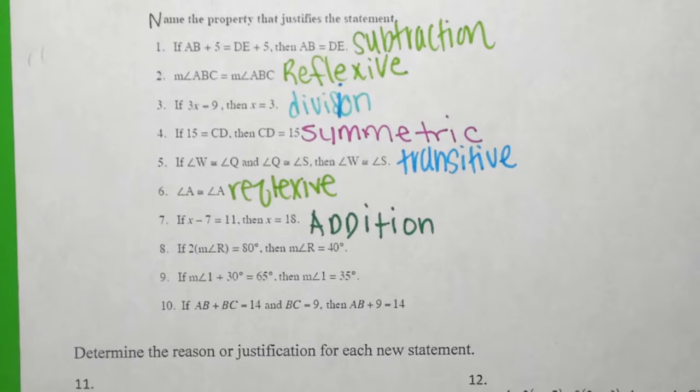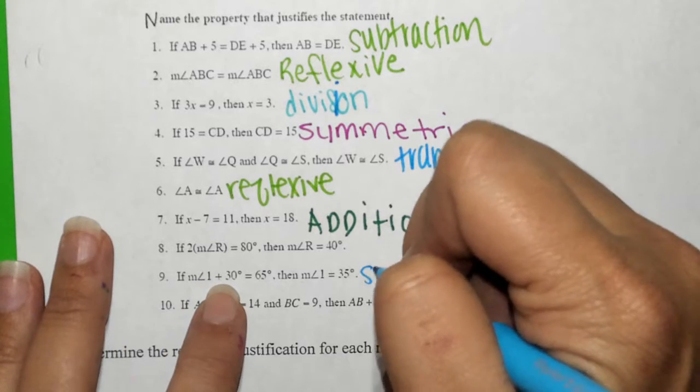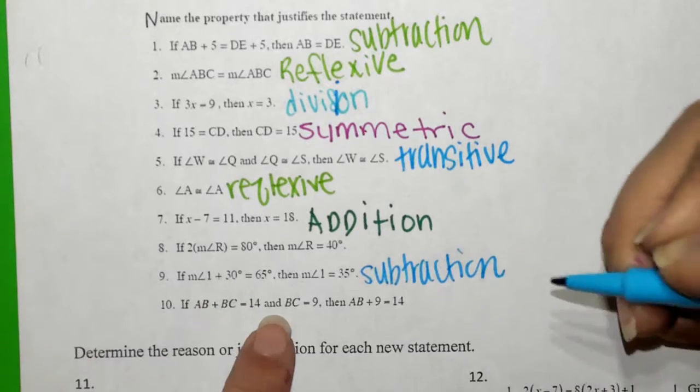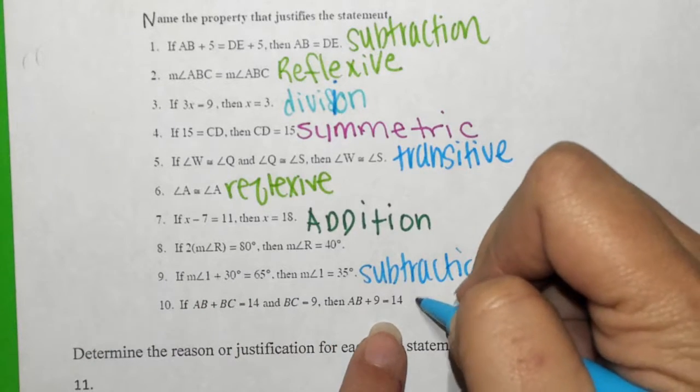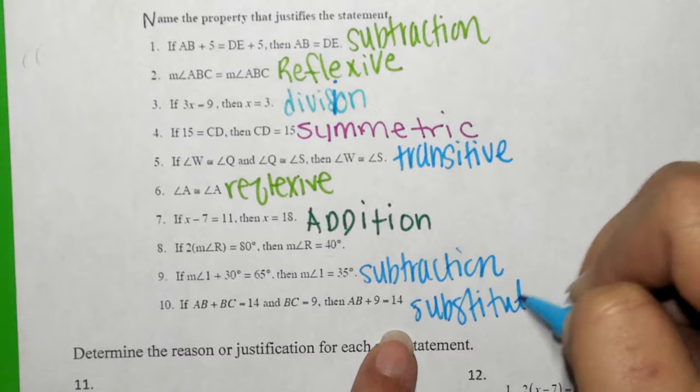Have we finished with 8, 9, and 10? Can you tell me 9? Number 9 is subtraction. Trey, tell me 10. Substitution. Take a point. And can anybody tell me 8?